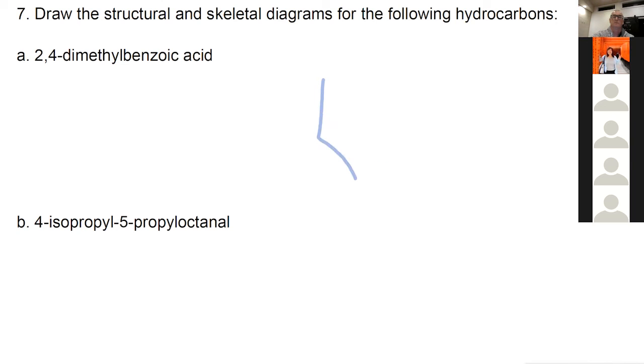So there's our benzene. How are we going to get an acid onto benzene? How do we get a carboxylic acid group onto benzene? What does a carboxylic group look like?